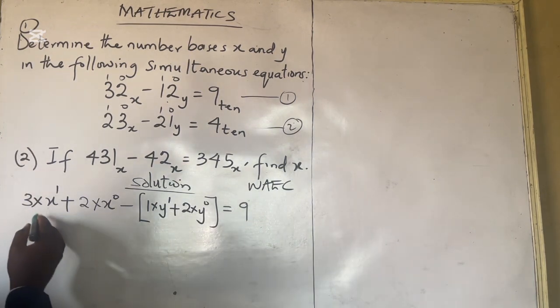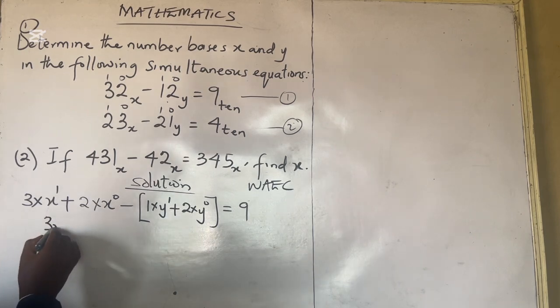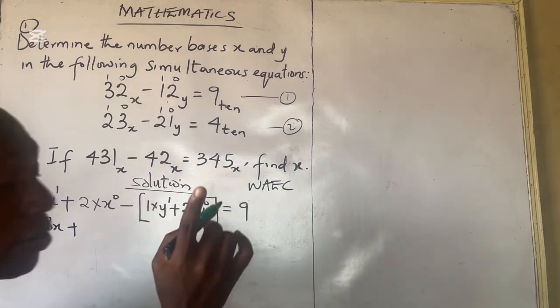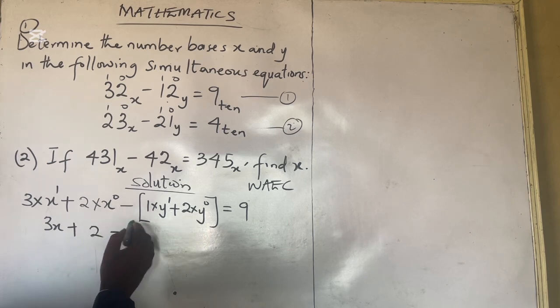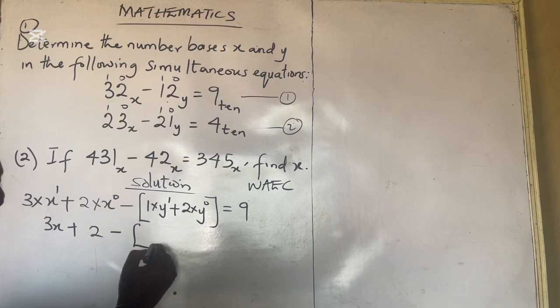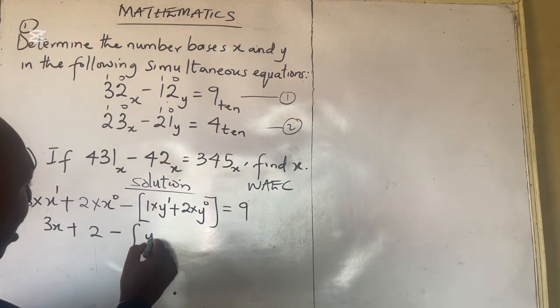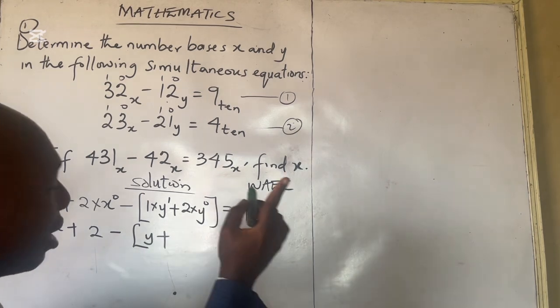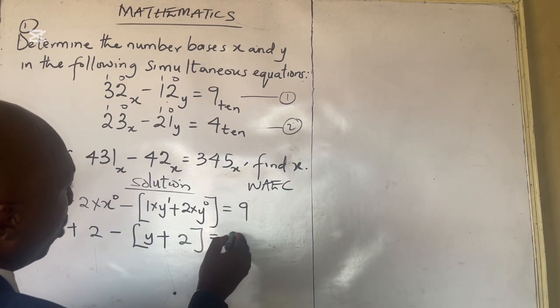So we have 3 times x raised to power 1, which is 3x. x raised to power 0 means 1, so that will be 2 times 1, that's 2, minus y raised to power 1, that's y, plus y raised to power 0 is 1, times 2, that's 2, equals 9.